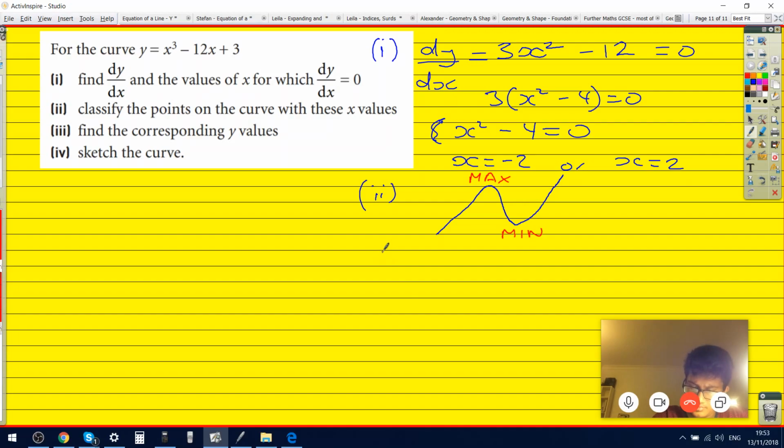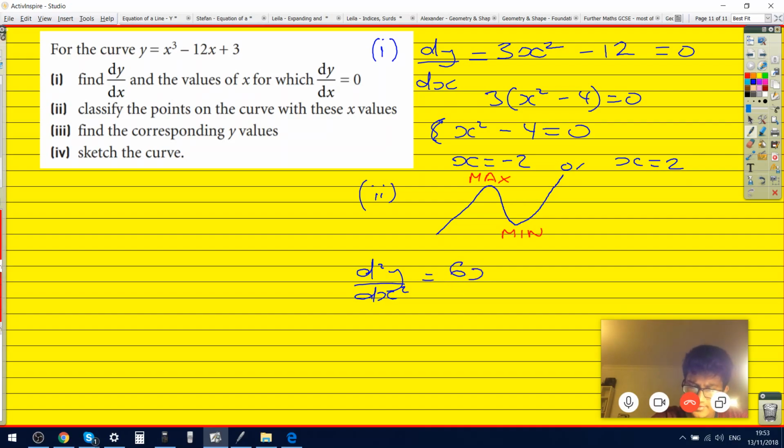You can actually check. What would be d squared y by dx squared? That would be the rate of change. Yeah. And so what is the function for this one? d squared y by dx squared equals 6x.